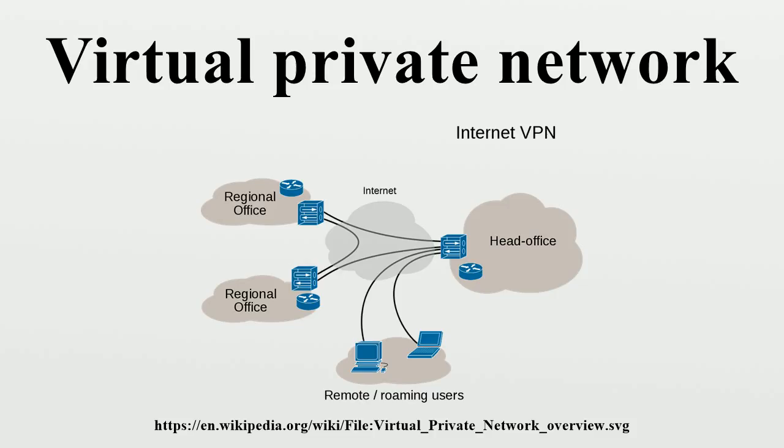RDs disambiguate otherwise duplicate addresses in the same PE. PEs understand the topology of each VPN, which are interconnected with MPLS tunnels, either directly or via P routers. In MPLS terminology, the P routers are label switch routers without awareness of VPNs. Virtual router PPVPN.